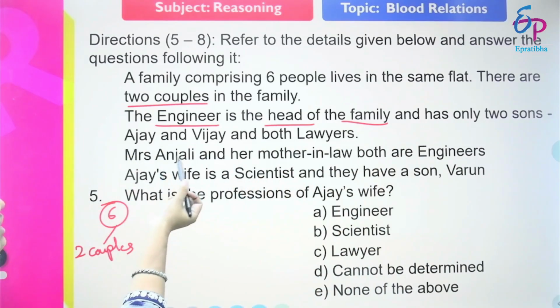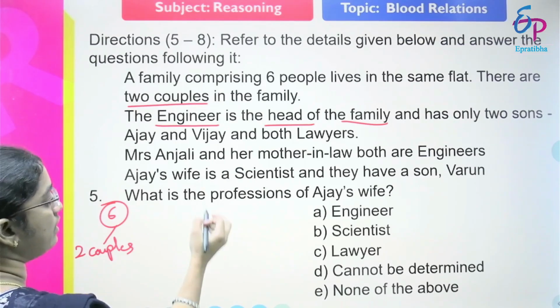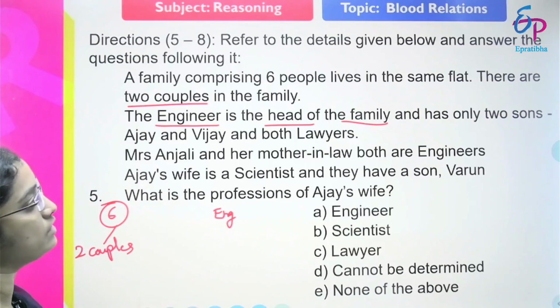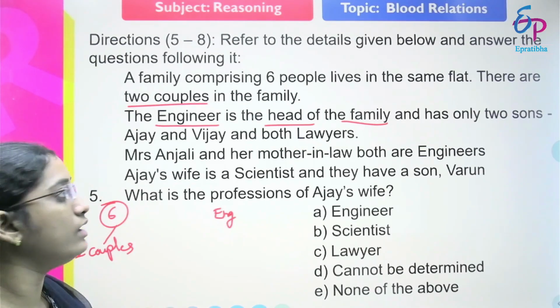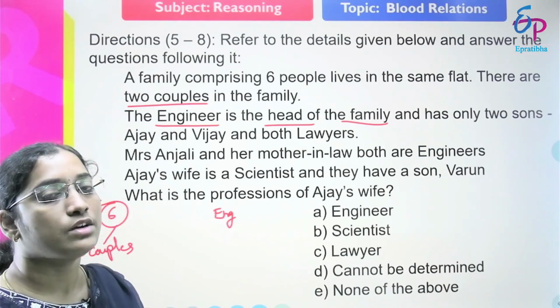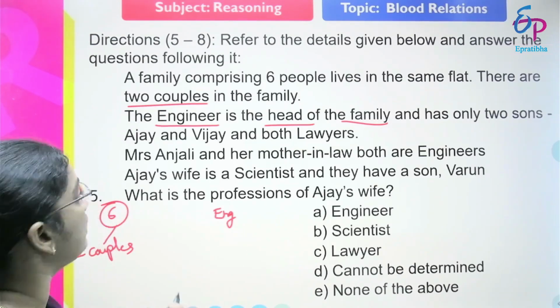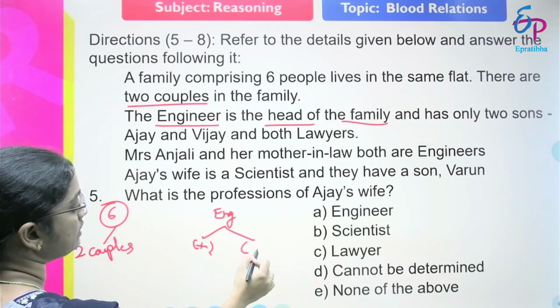2 sons, Ajay and Vijay, and both are lawyers. So we need to take the head of the family is engineer, and that person is male or female, we don't know. So we are getting 2 chances for that engineer. That person has only 2 sons, that means 2 plus indications.